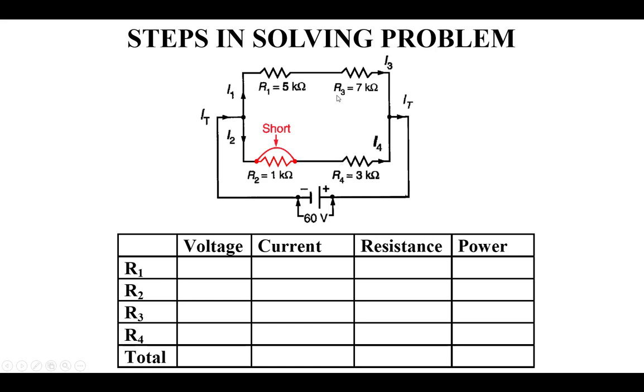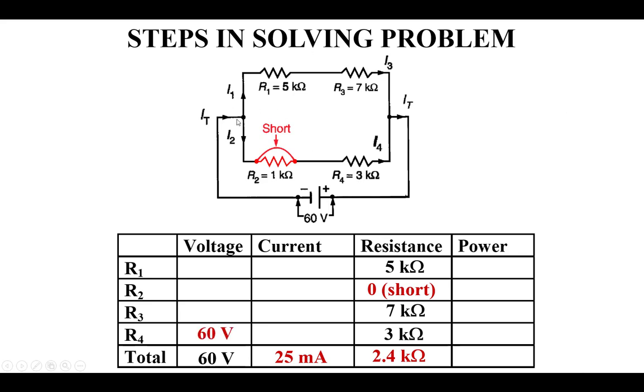By getting this equivalent resistance, dividing that into the total voltage to get the current that's leaving here. It's 25 milliamps.